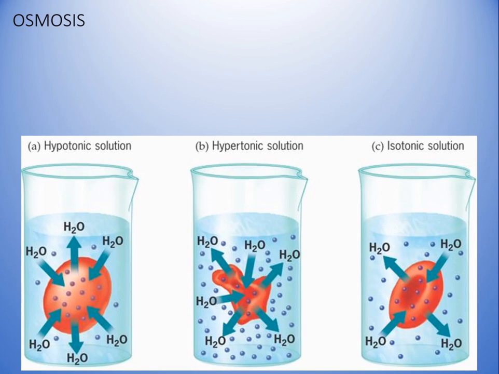This is the concept that we're trying to get to by understanding diffusion and tonicity. So this, osmosis, is the pinnacle of our understanding here. Let's not forget some of the basic definitions. Let's define osmosis. Number one, you need a semi-permeable membrane.